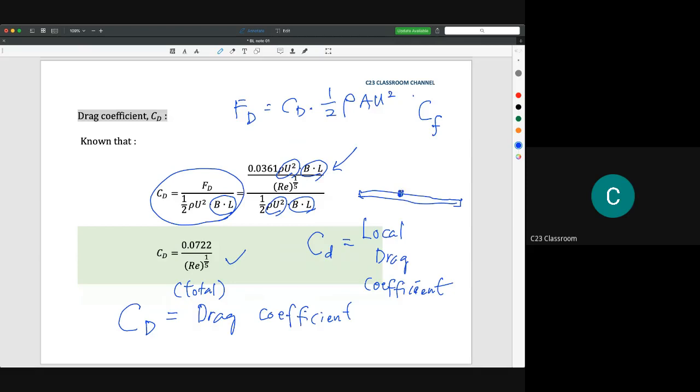And then the relationship is tau is equal to C small d times 1 over 2 rho u square. There is no A here, because if we multiply tau with A, we multiply the right side with A, so tau times A will get the force. This will become the drag force and our equation will become this one.